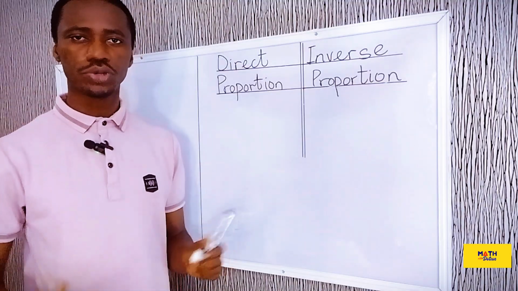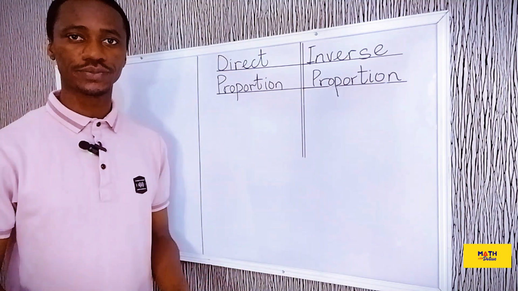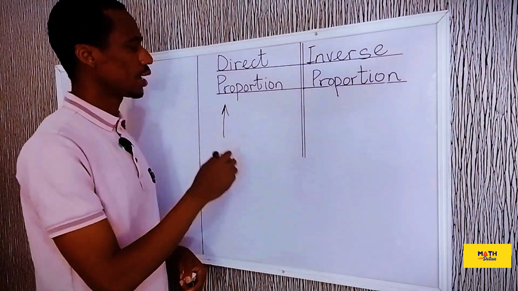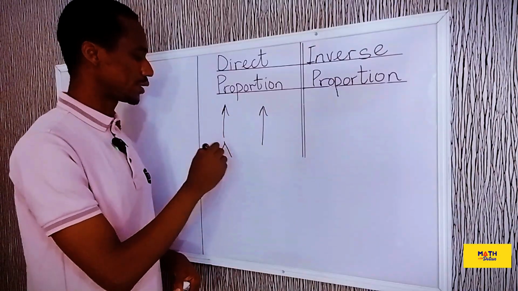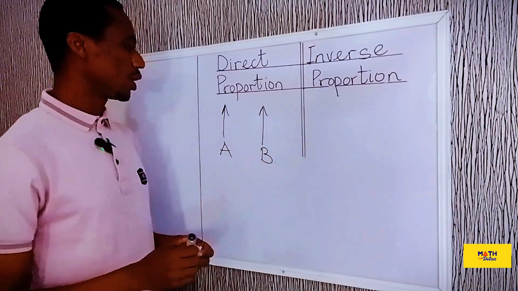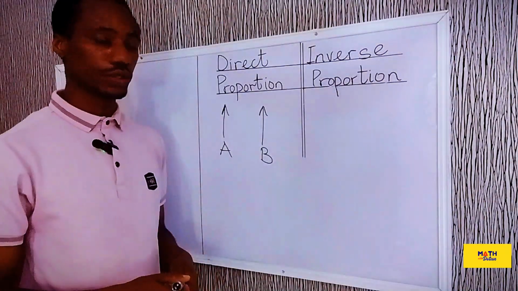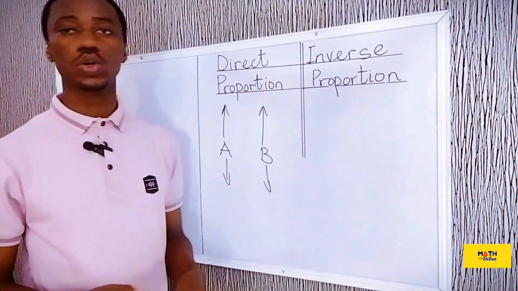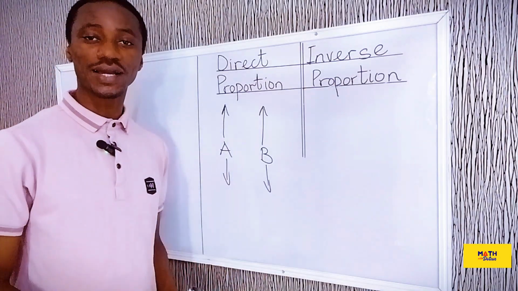Simple analogy: you have two variables or two quantities. One is going up, and as this is going up, the other one too is going up. So let's say this is A and B. As A is going up, B is going up. When A is going down, B is going down. So that's direct proportion, and that we have in our market math.